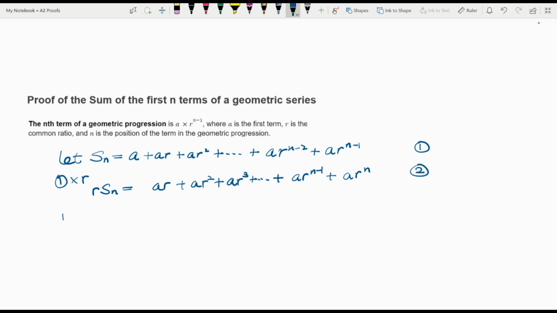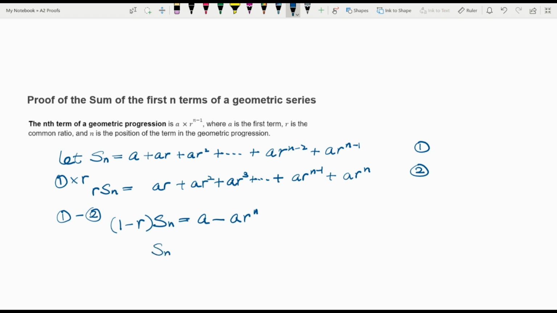And we subtract 2 from 1, that gives you the left hand side is 1 minus r times Sn. The right hand side, we cancel all the terms in the middle. That gives you a minus a r to the power n. And we divide by 1 minus r on both sides.